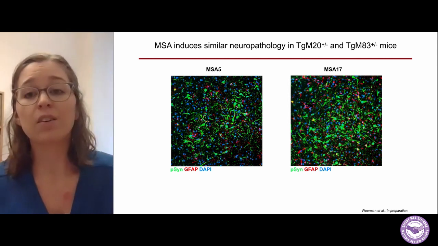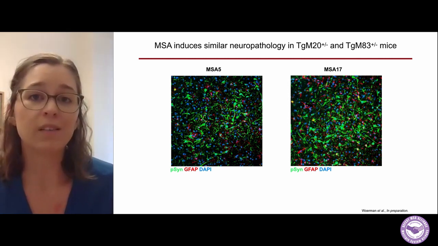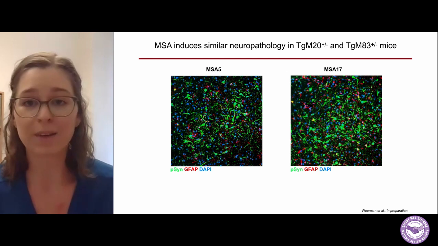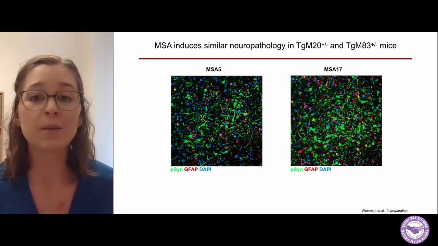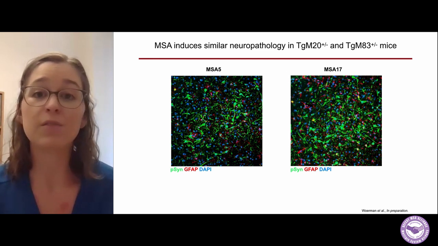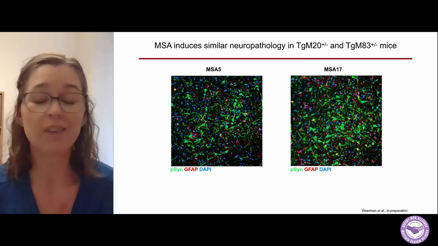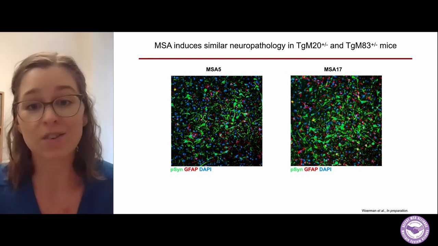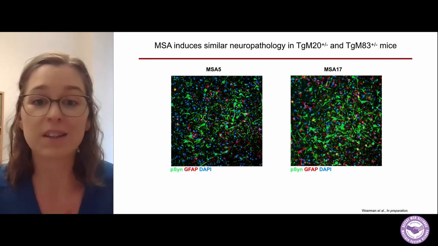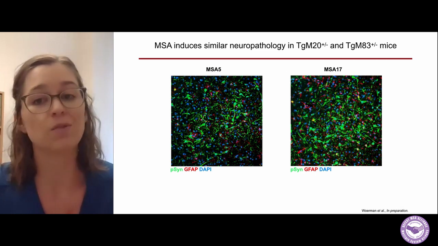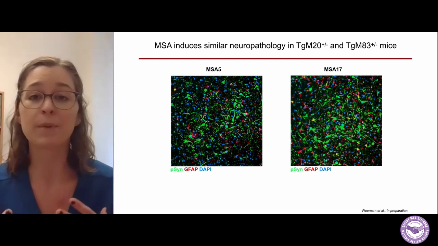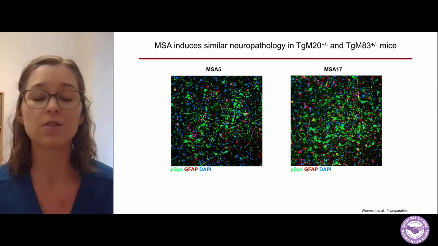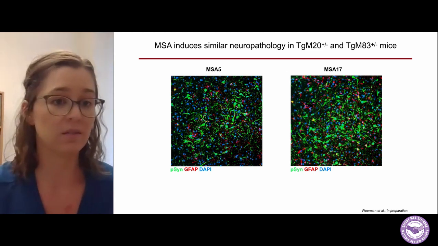And as I presented earlier, the M83 mouse model has been commonly used to study MSA. And the neuropathology between the wild type M20 mice and the A53T mice are very similar. And this is shown here when you look at the neuropathology of the phosphorylated α-synuclein between the two. So this suggests that MSA is behaving the same way in 2 separate mouse models.